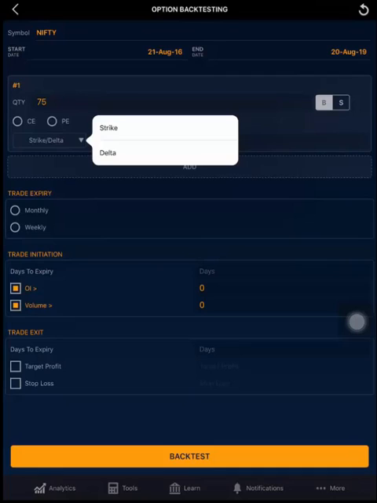When I say -2, it means 2 strikes below at the money. Clear? Very important. 0 is at the money, 1 strike above, 2 strikes above. Similarly, you can go for 4, 6, whatever you want. -1 strike below, -2 strikes below.